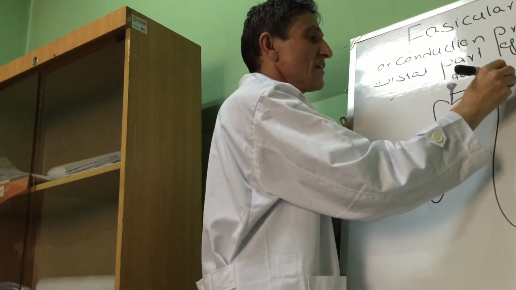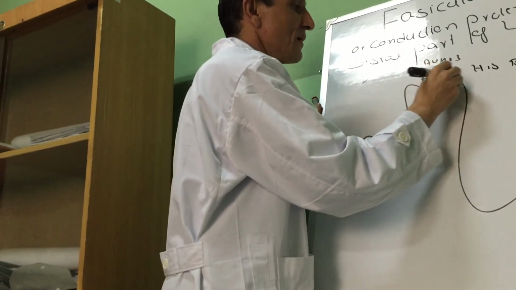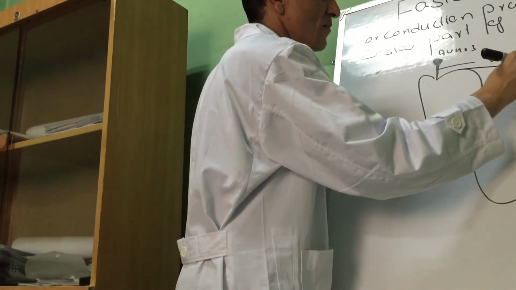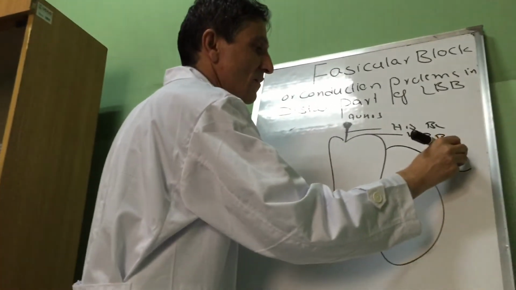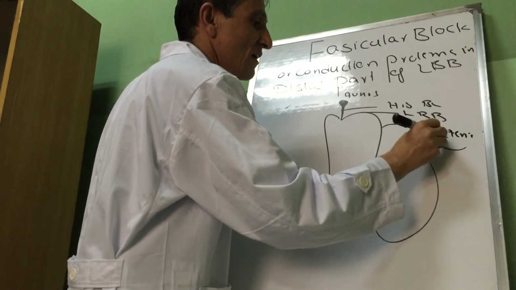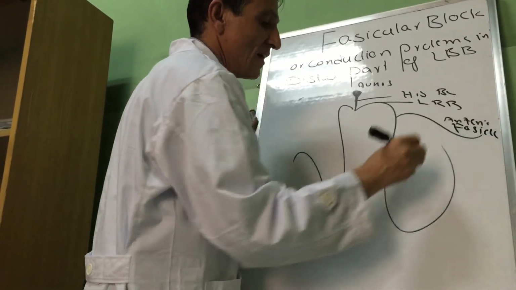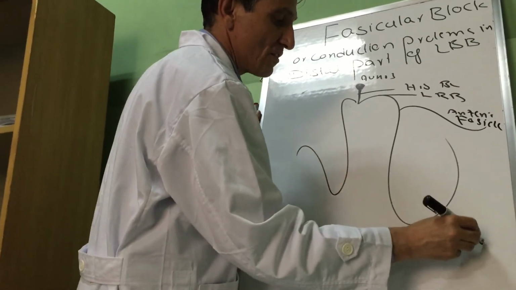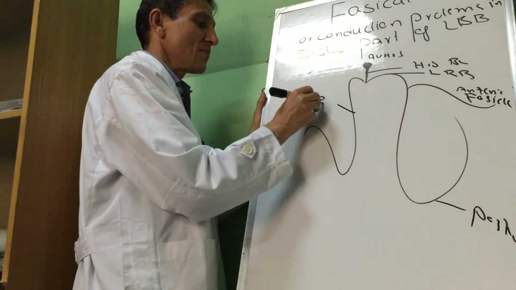This was the left bundle. And this was the anterior fascicle. And this was the posterior fascicle. And this was the right bundle branch.